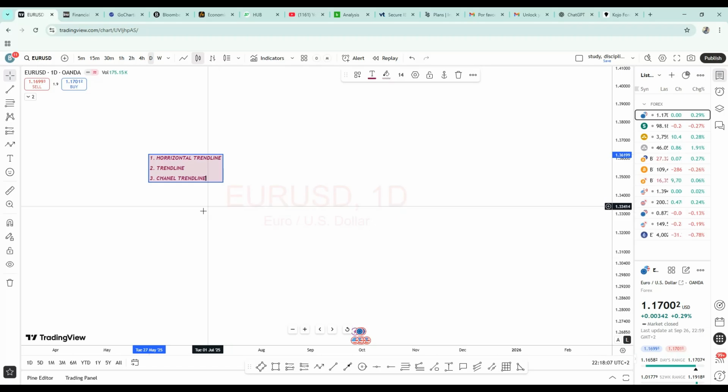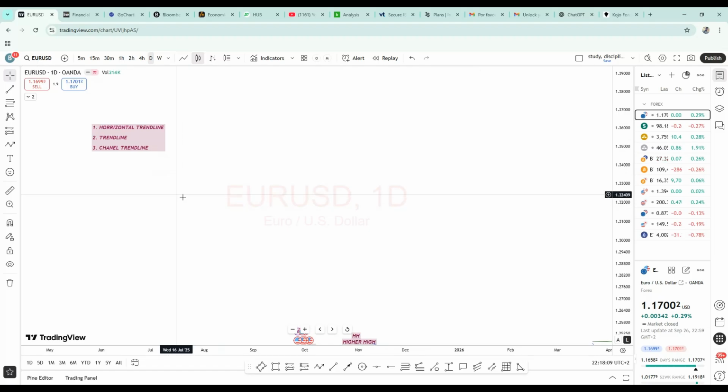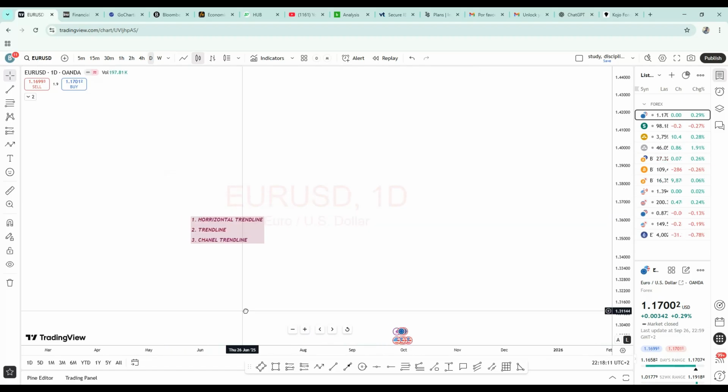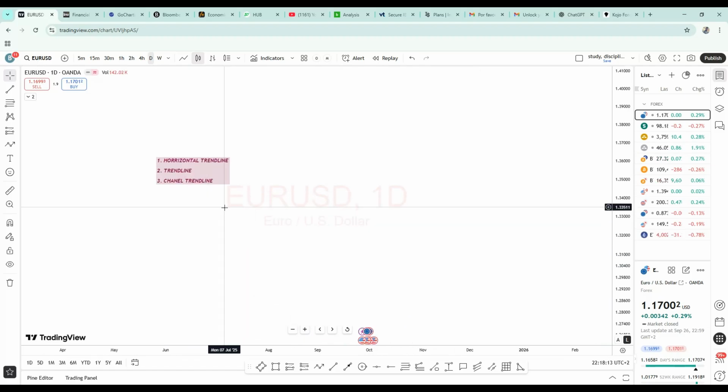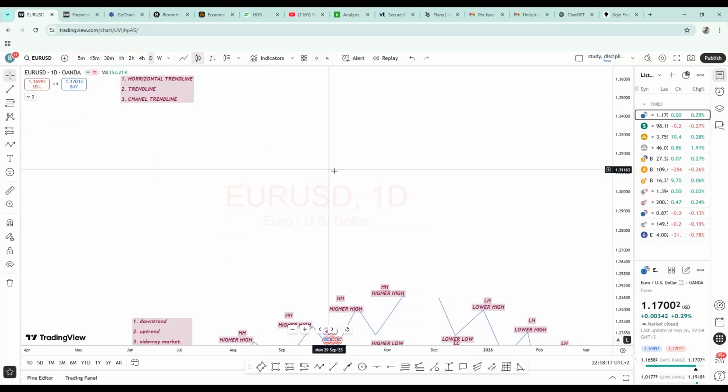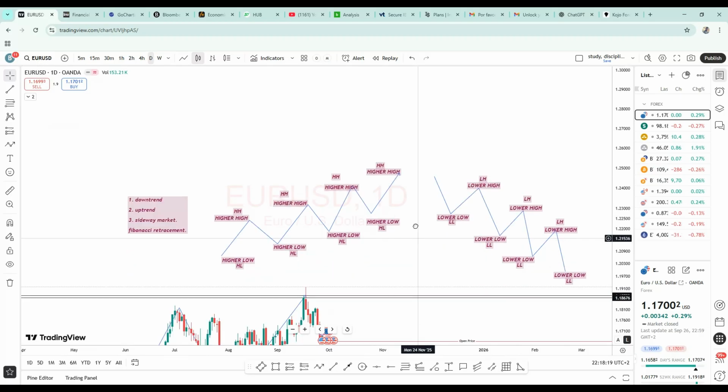I'm going to show you these three lines on the chart, and how to really use them.